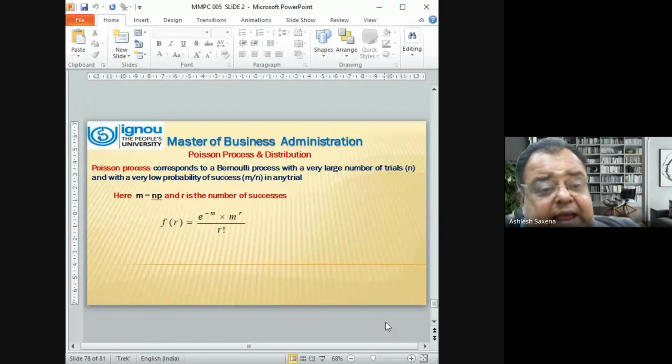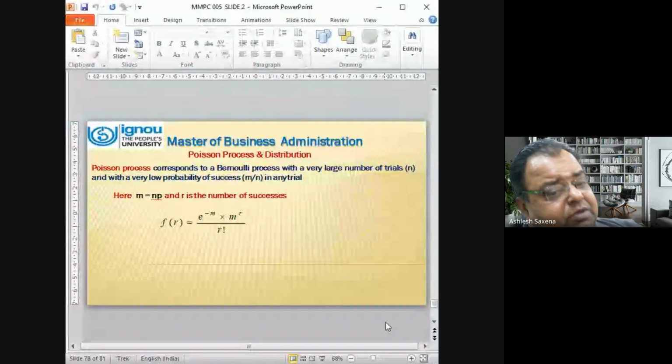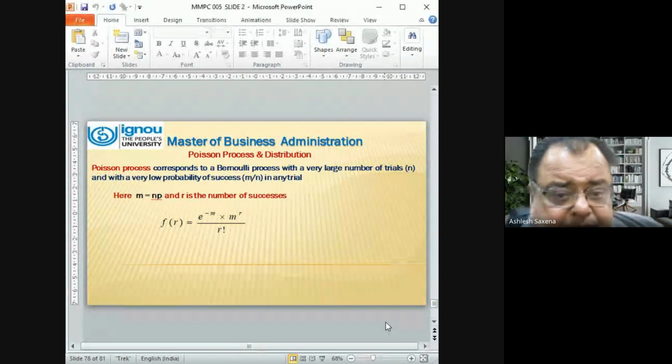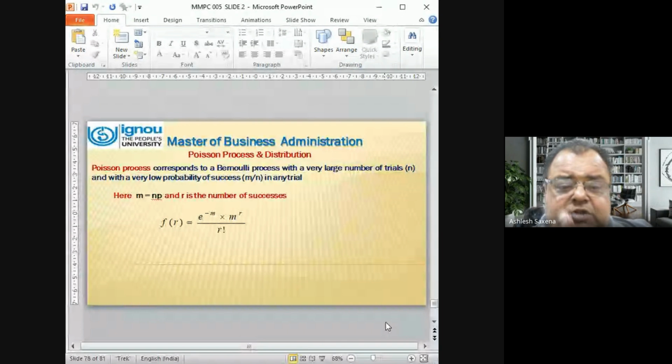The number of trials will be maybe in hundreds, and m is equal to the product of n into p, and r is the number of successes. When we are finding out the probability of success, its formula will be e raised to the power minus m into m raised to the power r upon r factorial. The value of e raised to the power minus m will be provided to you in your question.